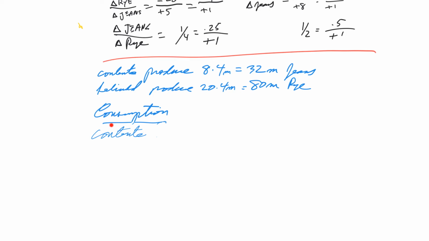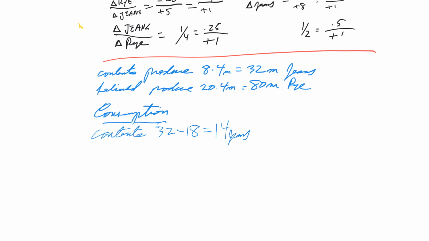Okay, Contente produces 32 million genes, and they're trading away 18. Therefore, they are consuming 32 minus 18, so they are going to end up with 14 genes.